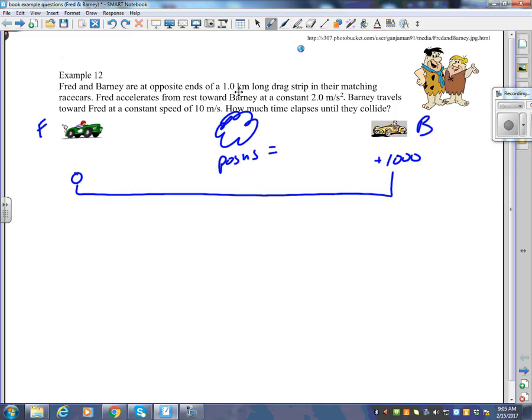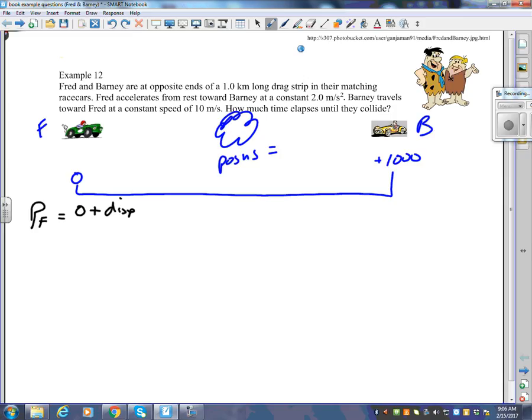Okay. So what is Fred's position after he starts to accelerate? I'm going to say PF, position Fred, is equal to, well, he starts at 0, right? So it's 0 plus his displacement, isn't it?